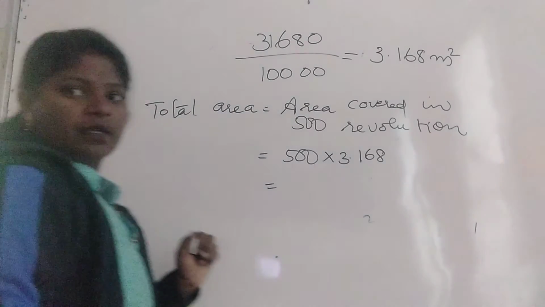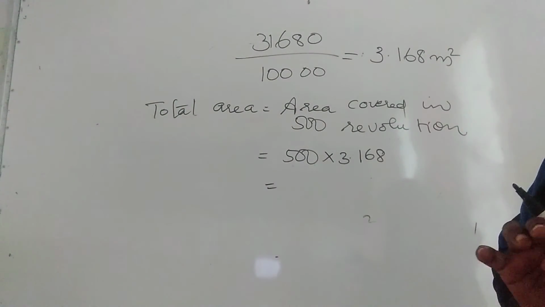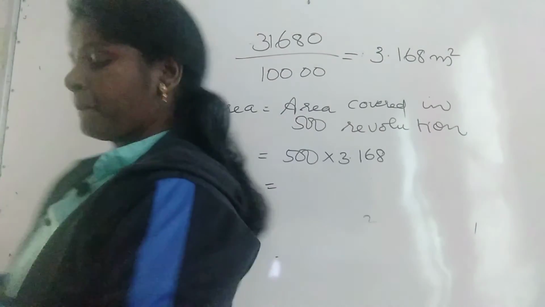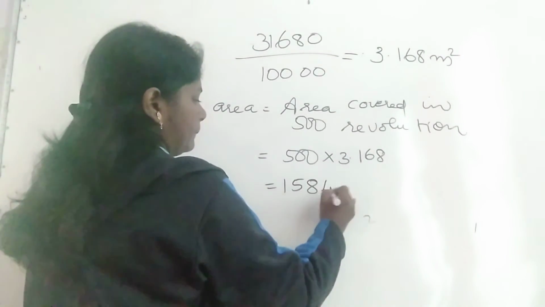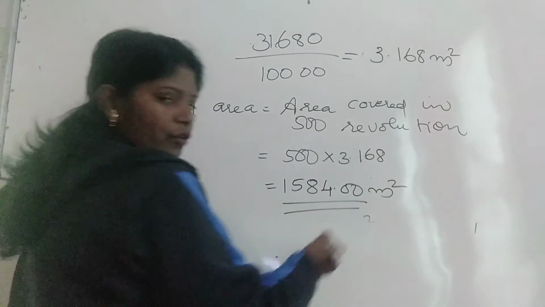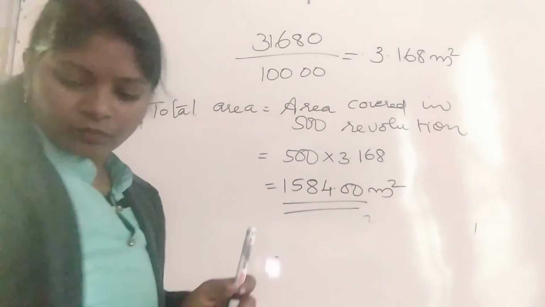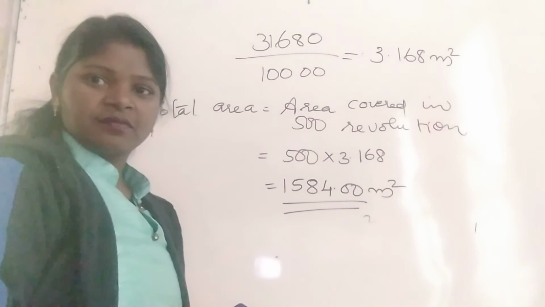What is the answer? 1584 meter square. It is the area of the playground. Do you understand? Okay.